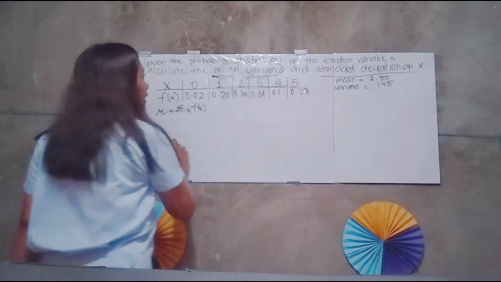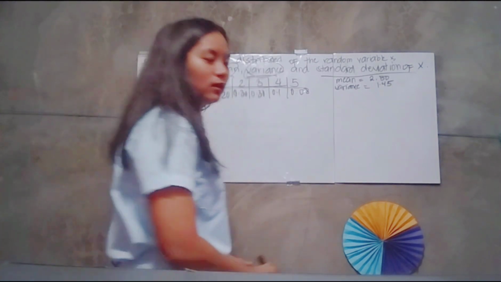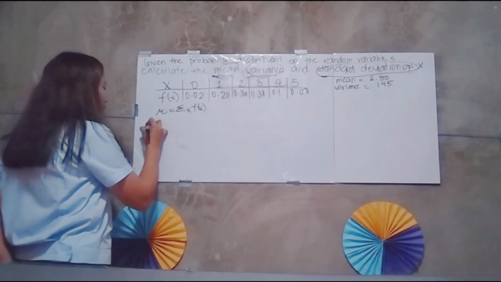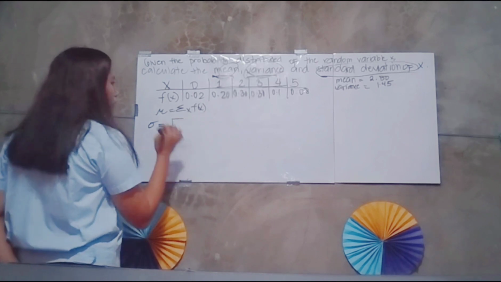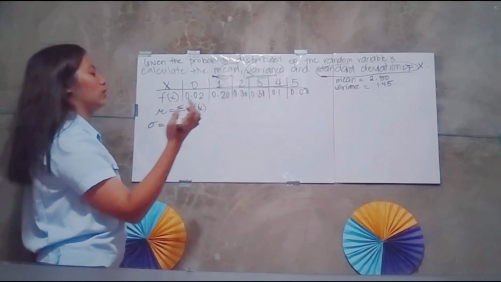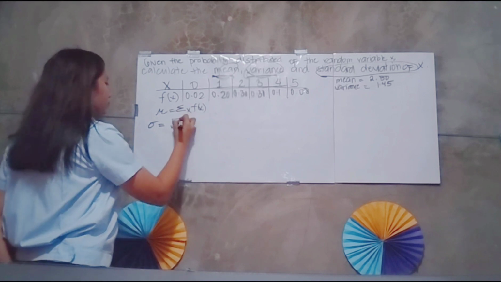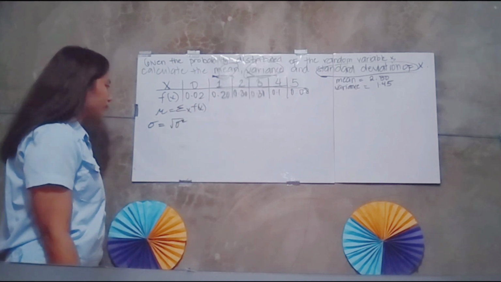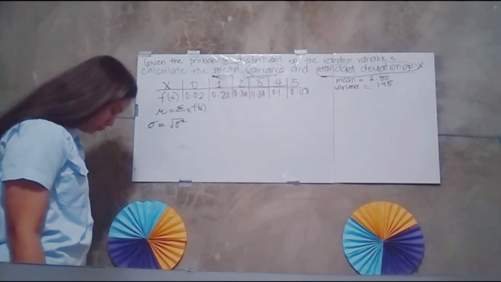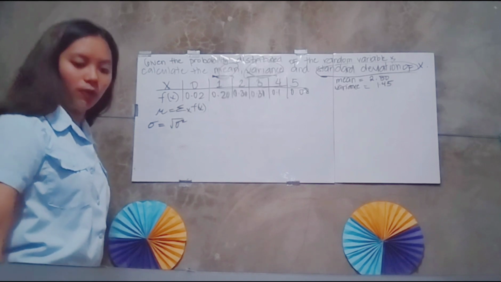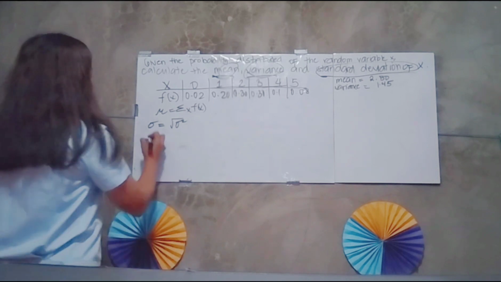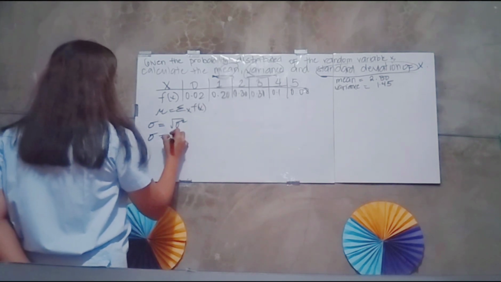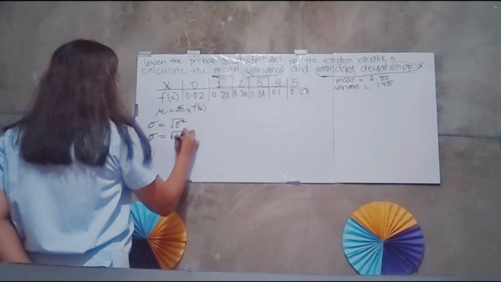So, to solve the standard deviation, our standard deviation here is equal to square root of variance. Tama ba ginagawa natin? So, ating standard deviation equals to square root of 1.45.